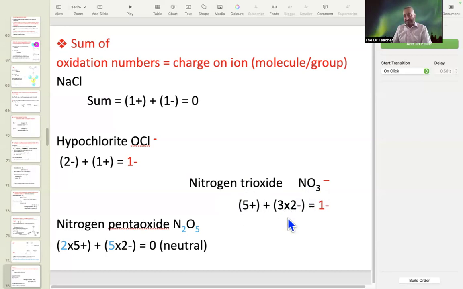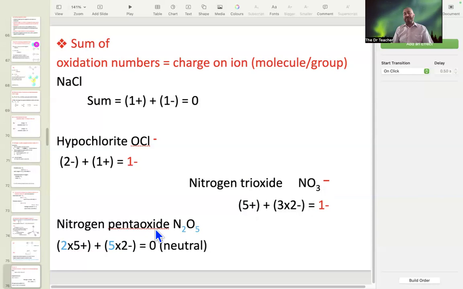So +5 and -6 added together become -1. This -1 comes from the oxidation numbers inside: 3 times -2 is -6, and nitrogen has 5 electrons outside. So the charge is -1 as a group.